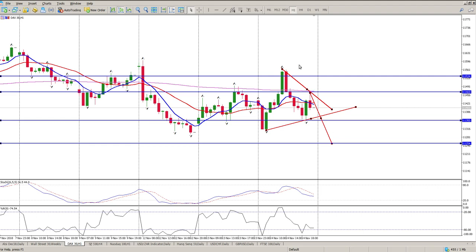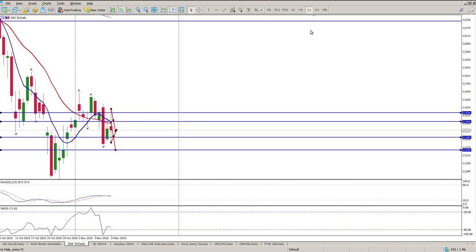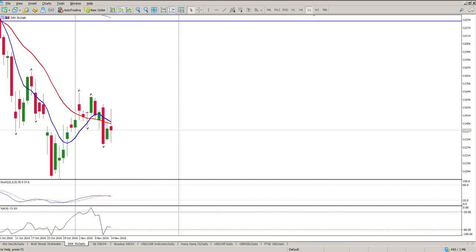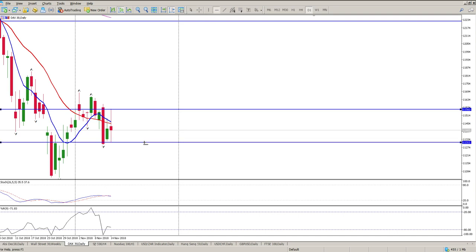Okay. Anyway, guys. Oh, sorry. Before we leave, let's just tidy this noise. The important factor here is we do have this range bar.